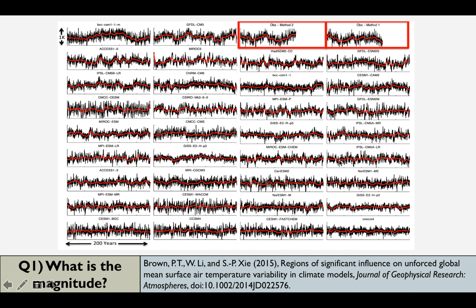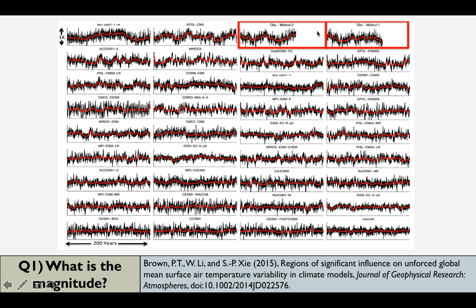And I can add on here 2 different estimates of what the unforced variability is in the observational record. And you can see that these estimates look actually quite different. So the phasing of the unforced variability differs here depending on how you remove the forced variability from the record. So we know greenhouse gases have been increasing and aerosols have changed, et cetera, over the 20th century.